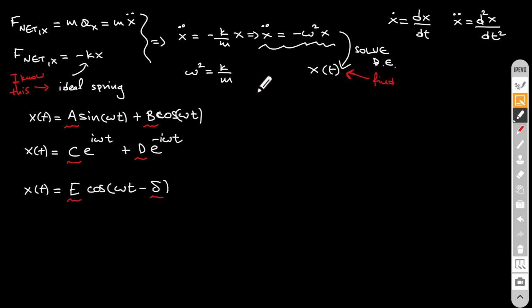Now, why do I need two parameters? In order to find the motion, in order to predict how the object will move, I need to know essentially two things. I need to know where the object is at t equals 0. So, for example, if the object is here, then I need to know where it is, x at 0.